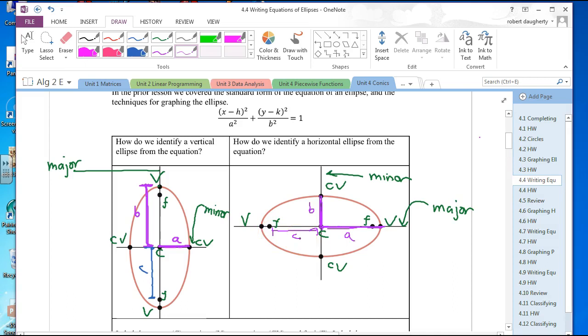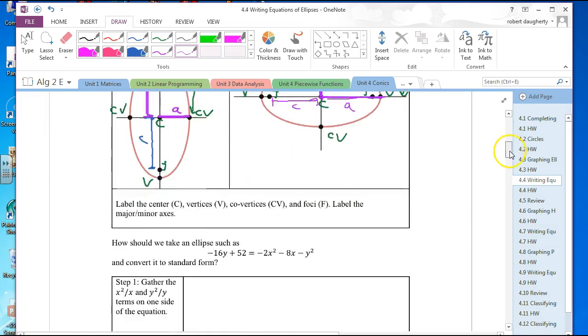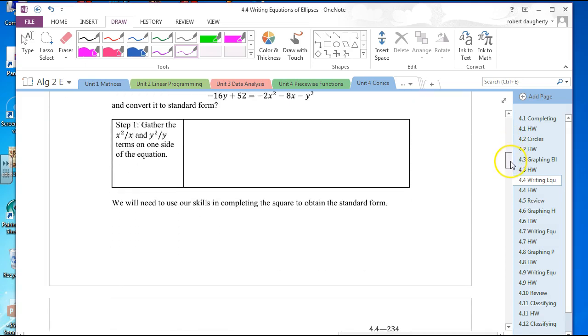So center to the focus is always C. Center to a vertex, if it's horizontal, it's A. Center to a co-vertex, if it's horizontal, it's A. So our horizontal distance from the center to whatever point you have, vertex or co-vertex, is always A. And the vertical distance from the center to a vertex or co-vertex, doesn't matter what it is, that's always B. So you need to be grounded in that.